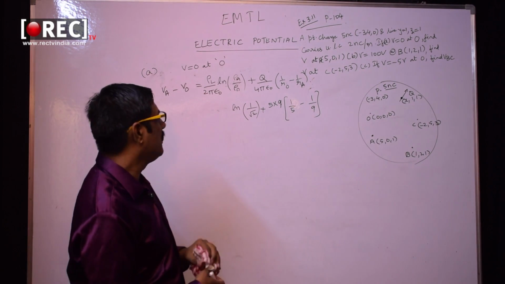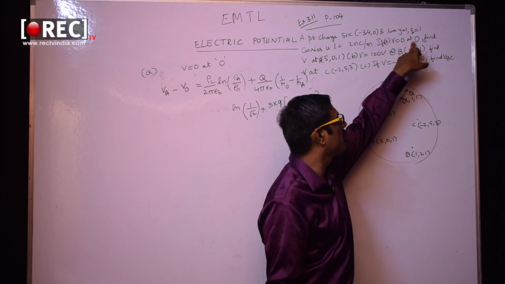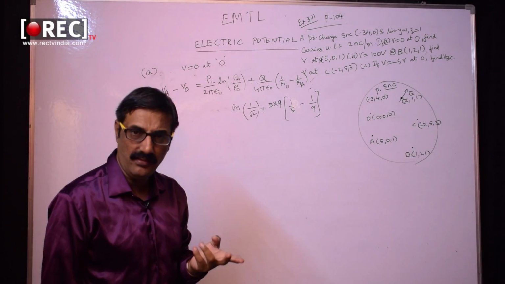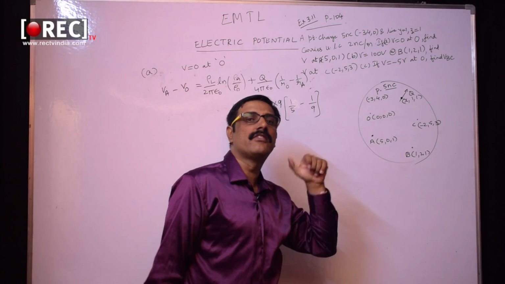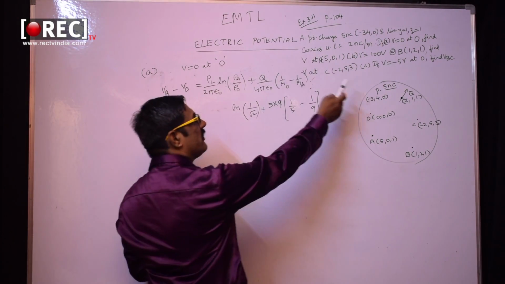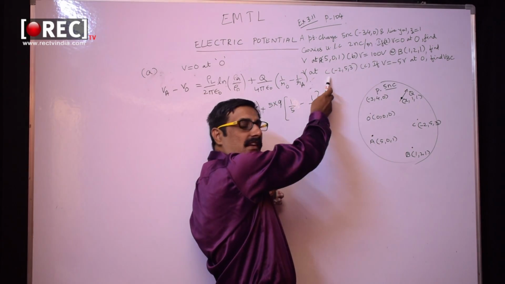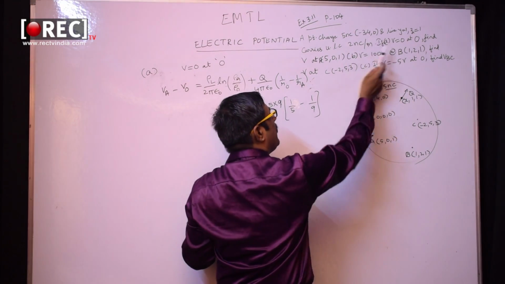That means in the previous case, he had given the reference point as O and asked us to determine the potential at A. So that's why we took the potential difference equation between the points A and O. On the same lines, here, since the potential at B is given and since he is asking for the potential at C, we need to connect a potential relation between B and C.